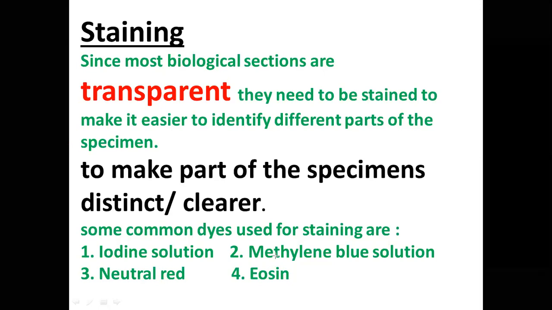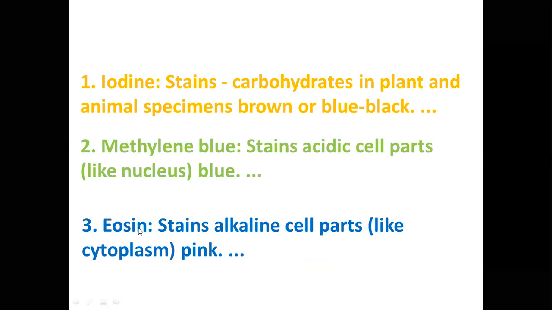Now, it's something that we need to be aware of, that iodine stain is mainly used when we need those parts of the specimen that can take the stain, especially the structures that are made from carbohydrate. They are likely to be stained with iodine.